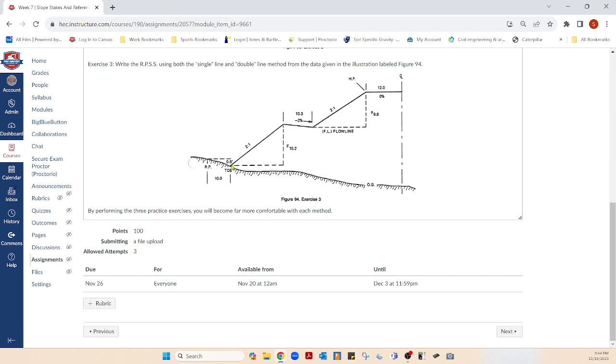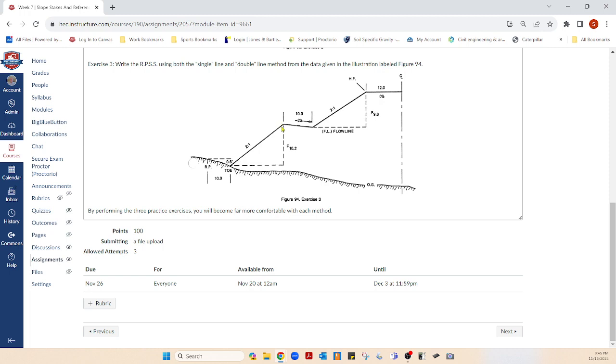This is going to be a fill from wherever this is of 10.2 right here to get to this. I'm going to call this a hinge point or a bench, because a bench will go down like this. So the first thing you do on your stake is put toe, and then it's going to be a fill of 10.2 at 2 to 1.